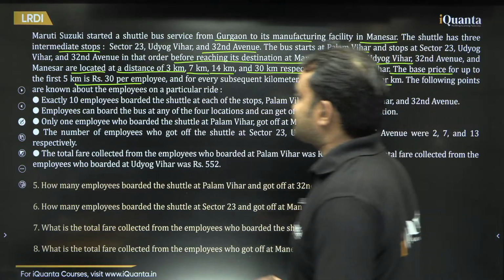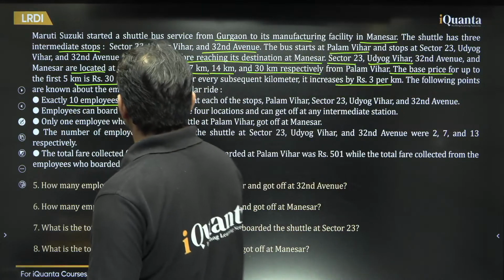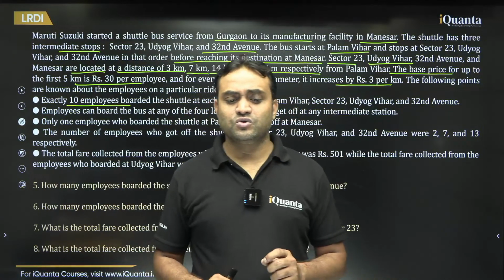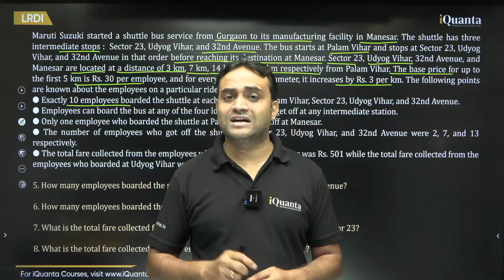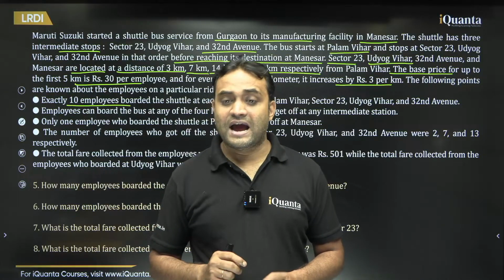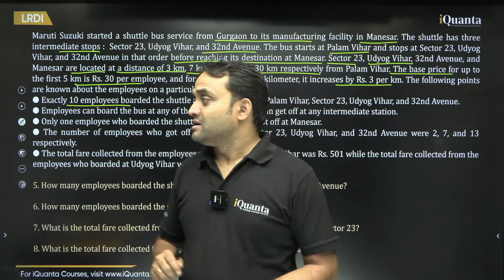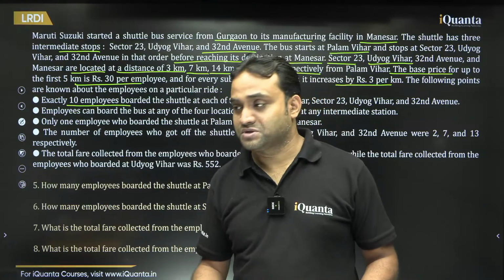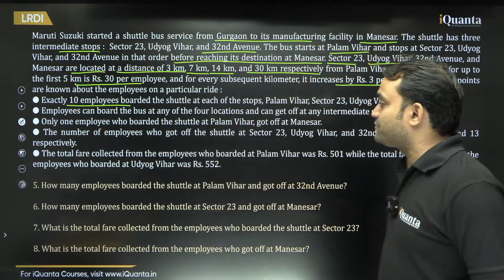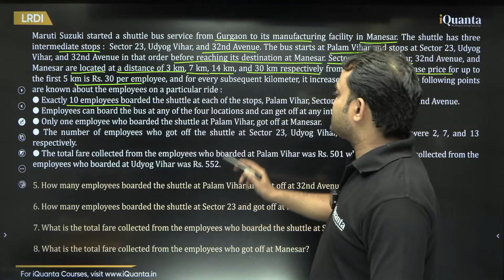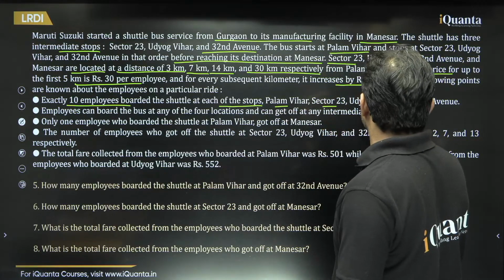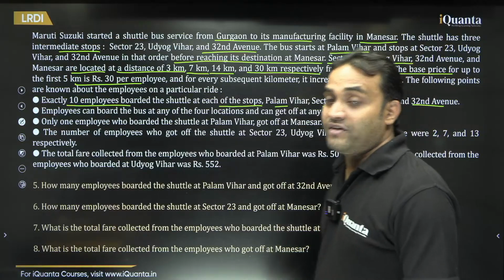Now it says exactly 10 employees. So some information has been given. It would be nice to have a table where we can understand the distance between two places and how many employees are boarding and deboarding at each of the stops, right? As you can understand from this information, exactly 10 employees boarded the shuttle at each of the stops: Palam Vihar, Sector 23, Udyog Vihar and 32nd Avenue.